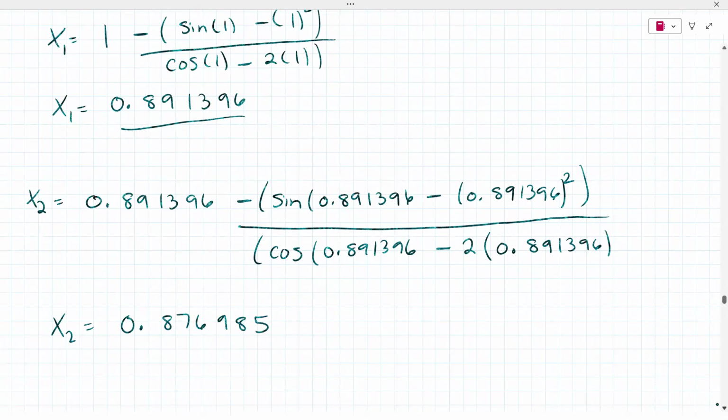Unfortunately, this does not repeat. 0.876985 does not equal 0.891396.